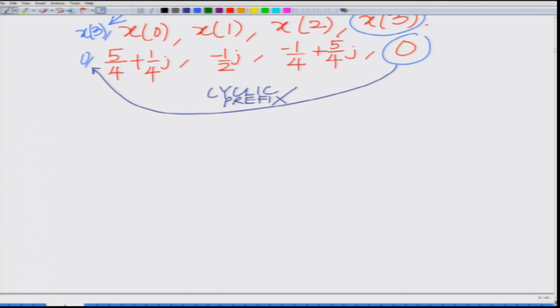So, the block of transmitted samples over the channel, and this is important to remember, is the block with the cyclic prefix. Let me write it down very carefully.